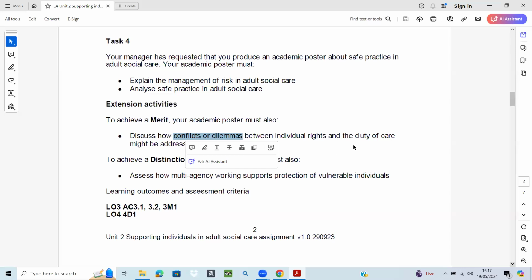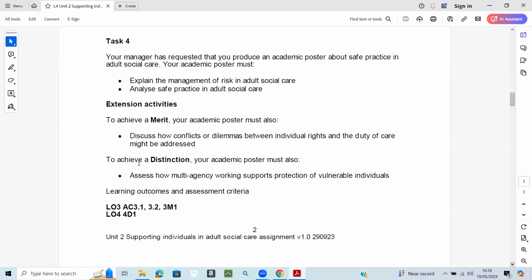Try not to use many bullet points in your assignment. Try to write in paragraphs. In some cases where necessary, we can use some bullet points, but not the whole assignment should be based on bullet points. It should be written work.